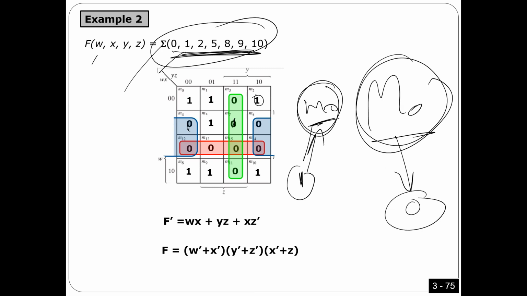So again, in one sentence: if you have the map of F and you work on only the ones, you will get the most simplified sum of product for F. But if you work on the zeros, you are going to get the most simplified sum of product of F prime.